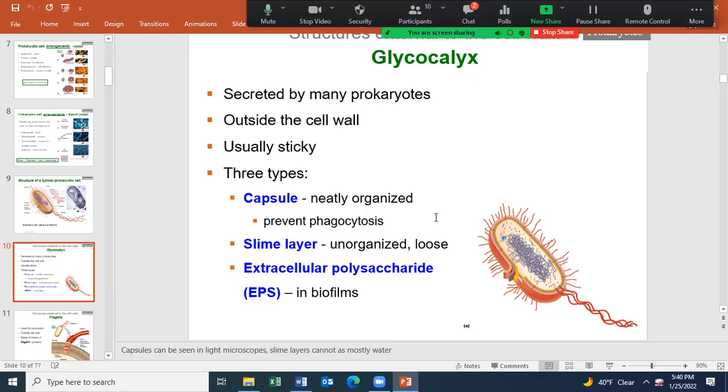You can find the extracellular polysaccharide in cells that are secreting a biofilm. And it's the extracellular polysaccharide that makes the biofilm. And we will talk a little bit about biofilms later in the term. All right, any questions about any of that? So glycocalyx is all three of them. The one you can see under the light microscope is a capsule.